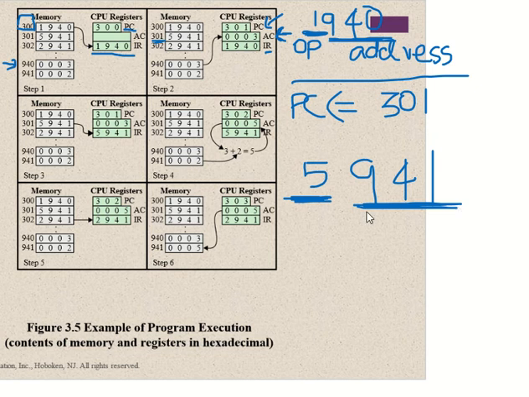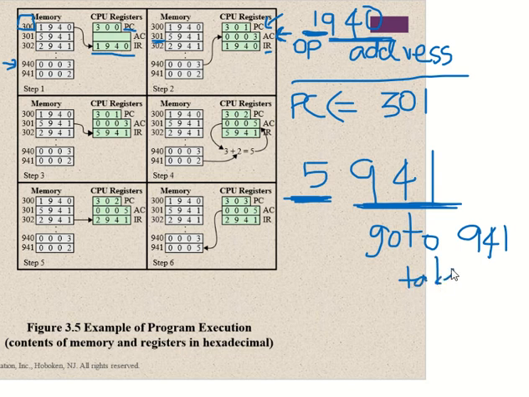So memory means 941. Go to 941 and take the value. You go to address 941, and 941 will have the value, so you need to take the value.